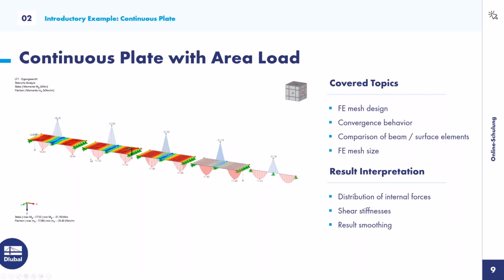So we're going to inspect how the mesh size will influence our results. Also, we will compare it to a simple beam, one of the easiest structural systems. We will investigate the problems of the mesh size.